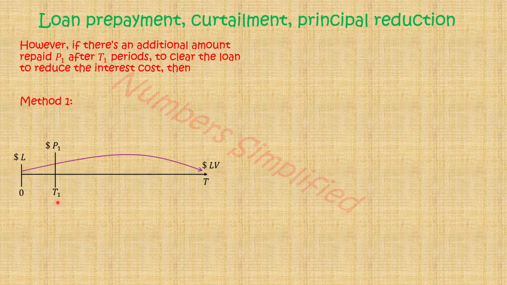So if we pay P1 to reduce the value of the loan, the amount that we have paid is also going to be worth something at the end of the time the loan is due. That is to say, P1 after T periods is going to have its own value.